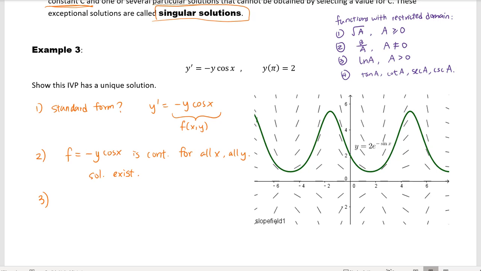Third, we want to take the partial derivative of f with respect to y. And now what do we see? X is like a constant and y is like a variable, so this means we consider y as variable and x as constant.